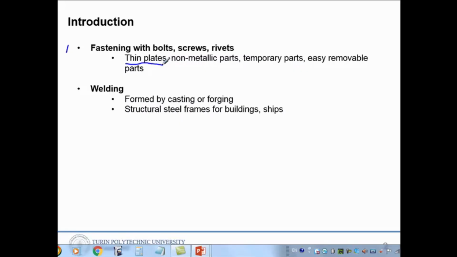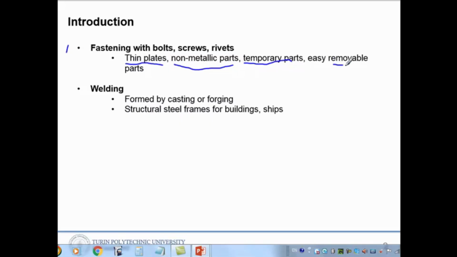Two plates are given, so we can fasten them with bolts, screws, or rivets. Another good point of this type of joint is that we can also join non-metallic parts, and temporary elements can be joined with it. If we need to change something inside or replace another part, we can open that kind of door, replace the part inside, and then screw it again.